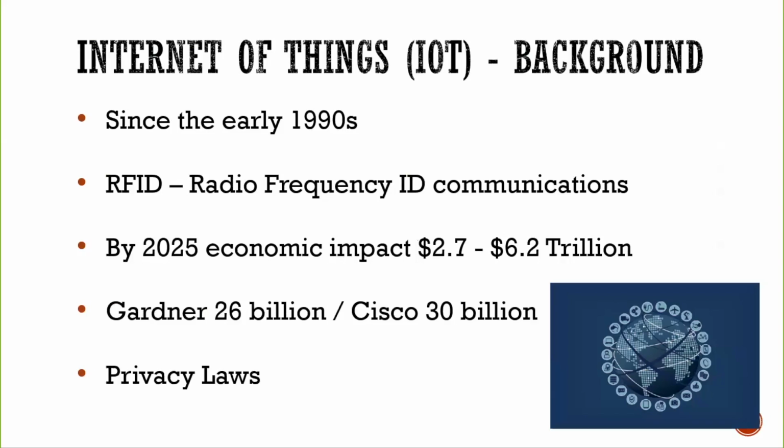Different companies got different reports on how many IoT devices will be connected. For example, Gartner estimates 26 billion devices, and Cisco 30 billion IoT devices will be connected in the near future. This will help businesses to learn more about the consumers to provide more services.